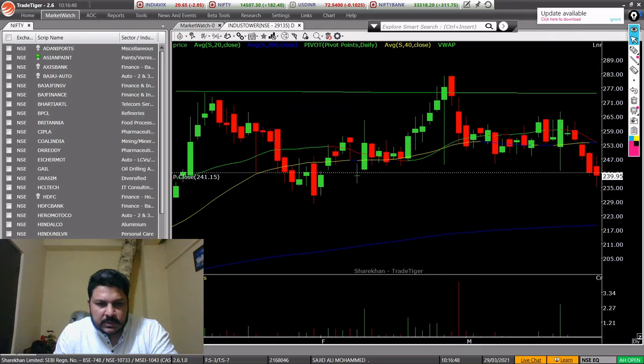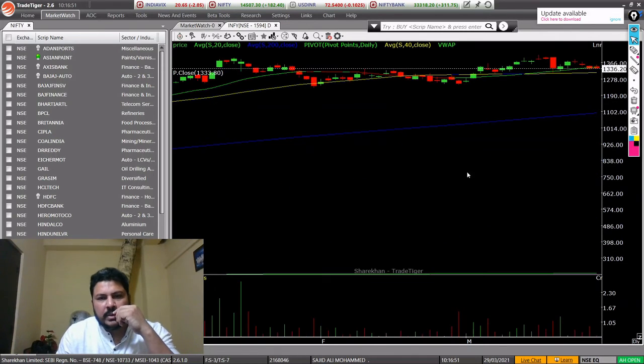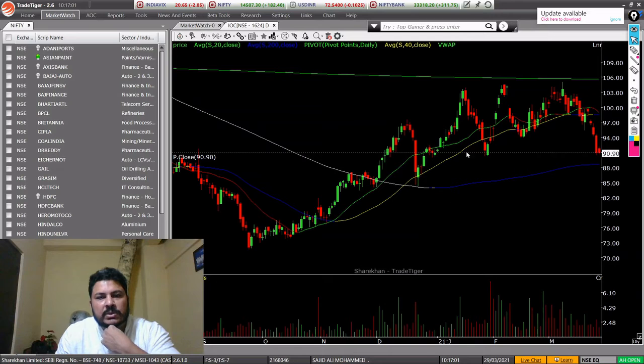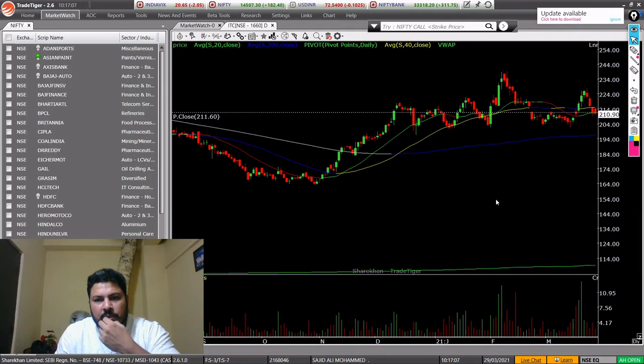Indus Towers downtrend, consolidation. Infosys can be in consolidation, yes. You have to wait for a big green candle to make the stock move higher. That can be your indication. IOC is consolidating at this level. ITC, no point in investing in this stock.